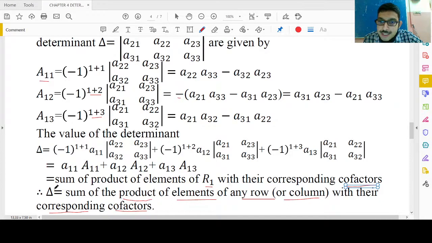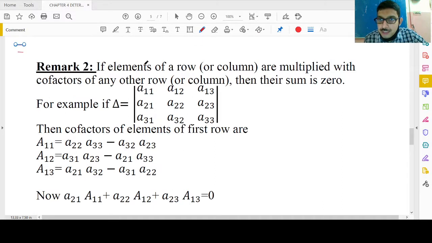It can be easily verified for other rows and columns. Here it is verified for the first row. We took the first row, multiplied with its cofactors, and got the value of the determinant. The same can be used for any other row or column.